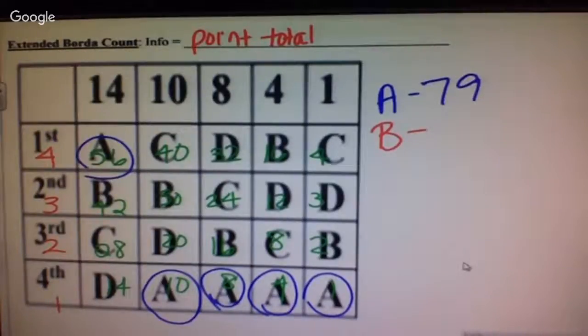Okay. B's. We're at 42 plus 30 is 72, 88, 104, 106.